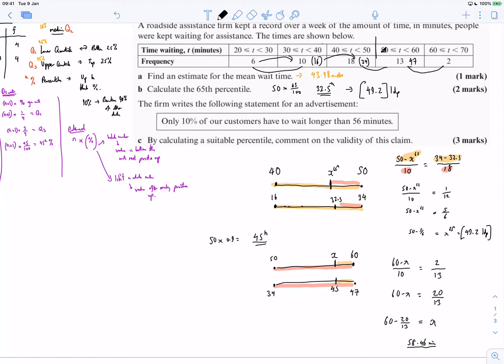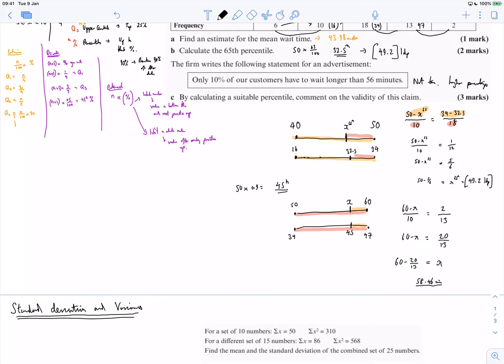That's actually probably a larger percentage, probably only have to wait 56 minutes or more. So yeah, actually, it's not true. It's a higher percentage. And if you wanted to work backwards, that's a fun little trick.